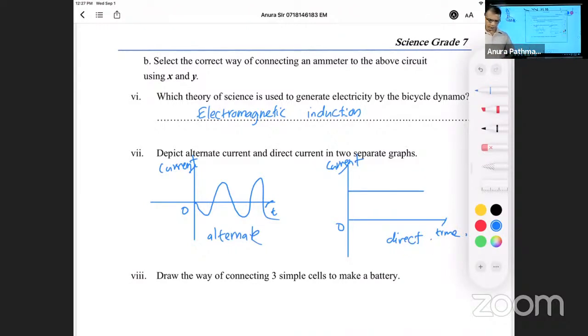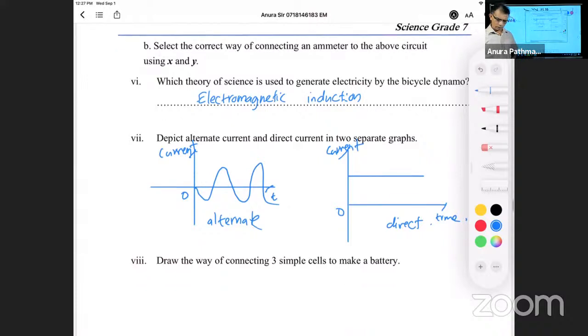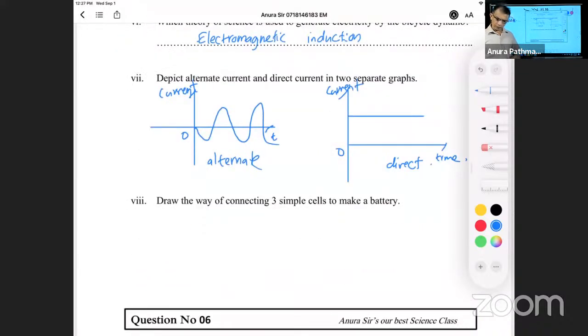Draw the way of connecting simple cells to make a battery. The symbol for making the battery. Anyway you can connect. This is positive, negative. The other one, positive and negative.